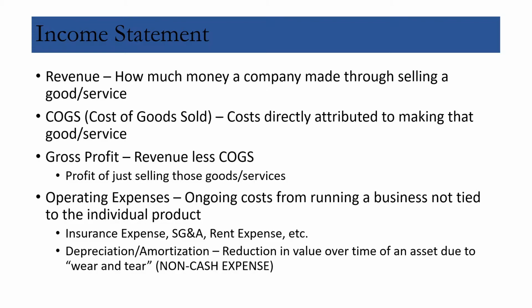It has no wear and tear, no miles on it, and people like that. It's very attractive, so it's got more value. But over time, as it's used more and more, it loses value, and that's the best explanation I can give of depreciation. Amortization is very similar, just with non-physical assets, which we'll get into in the balance sheet section. But again, both are the reduction in value over time of something.